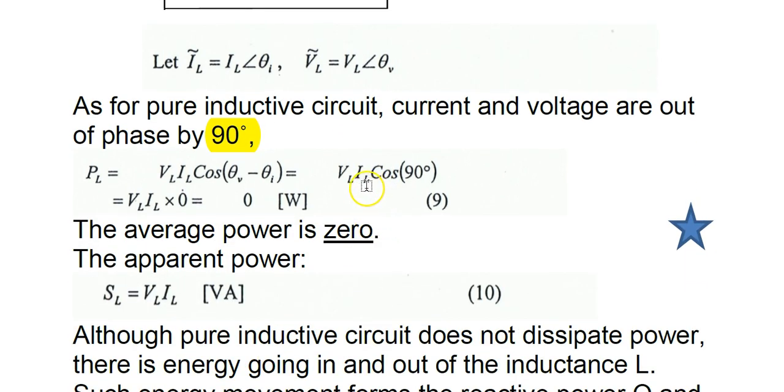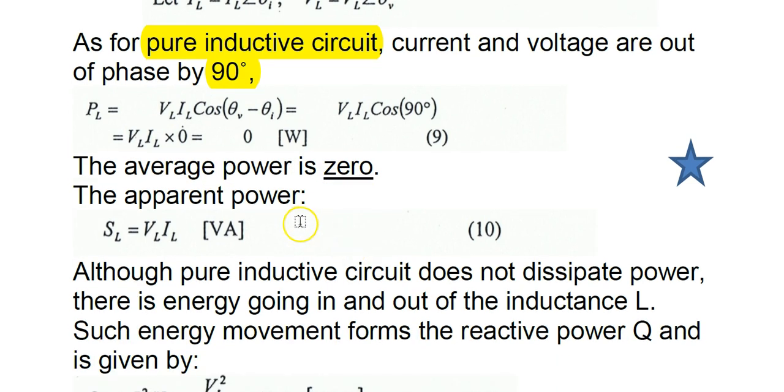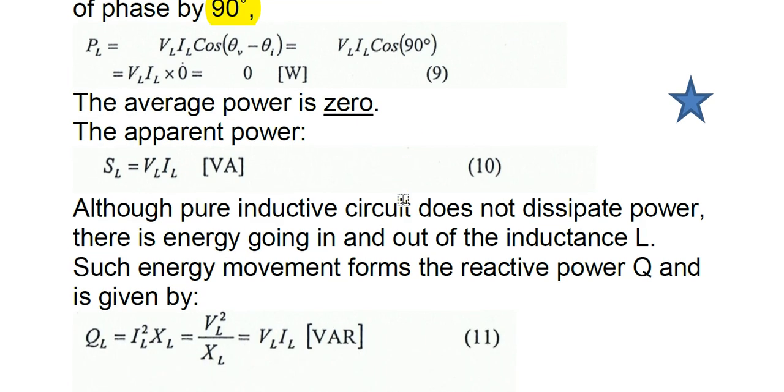This means that the power factor is cosine of the difference between the initial phase of the voltage and the initial phase of the current, which is 90 degrees, and cosine 90 degrees is 0, which means that the effective power in the purely inductive circuit is 0. The average power is 0, and the apparent power is SL equals VL times IL. The apparent power is 100% reactive.